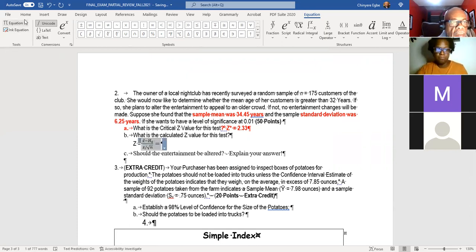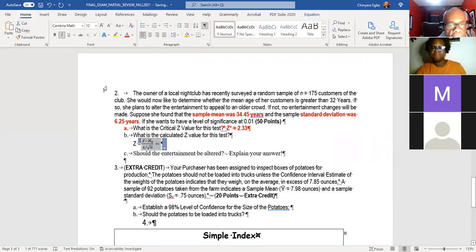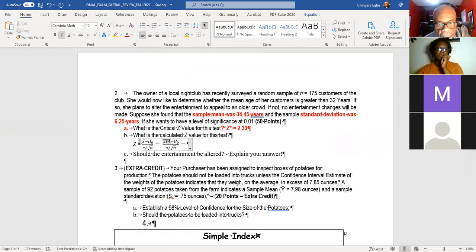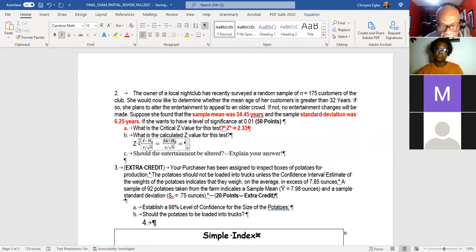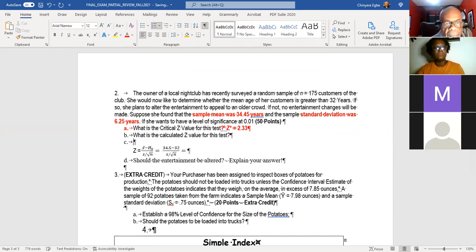Okay, so what is our calculation here? Our X bar is 34.5. Null hypothesis is what? Null hypothesis is 32. And in fact, I missed a step.